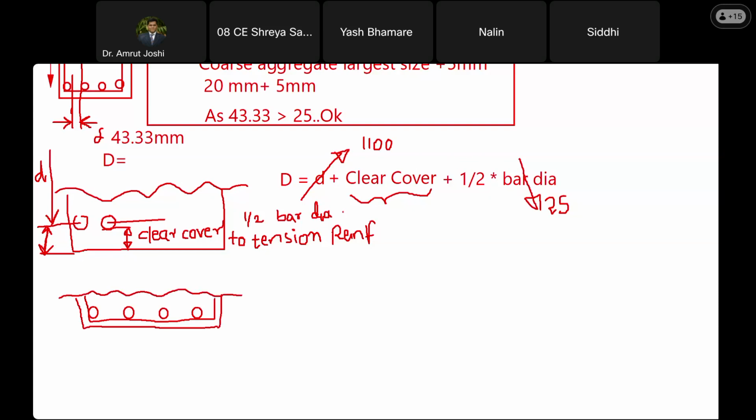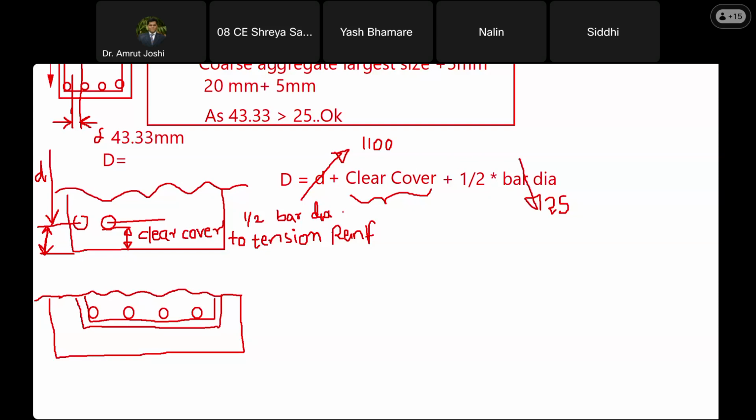And it will continue. It will go to the top compression bars. And this is the outer face of the beam. Happy? Yes, sir. Are you with me?